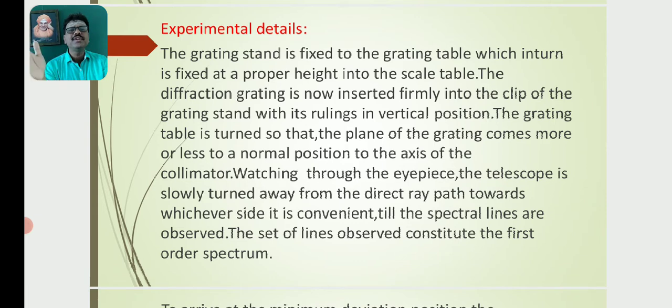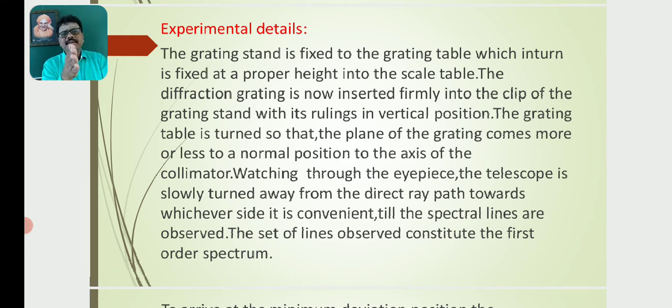Then, watching through the eyepiece, the telescope is slowly turned away from the direct path towards whichever side is convenient, till the spectral lines are observed. This set of lines constitutes the first order spectrum.